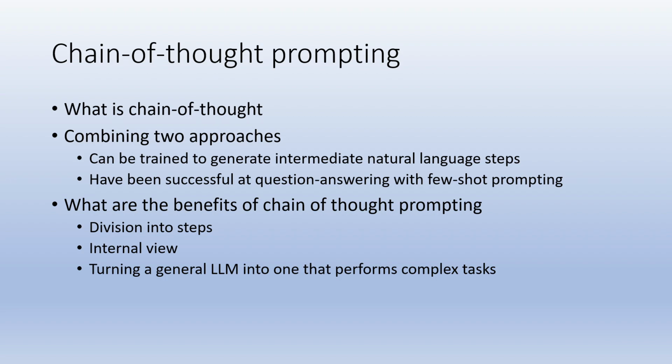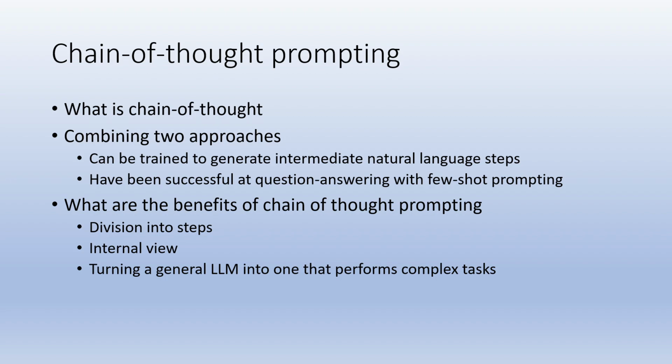And secondly, these models already have been successful at question answering tasks with just few shot prompts. Few shot prompting means giving a number of examples in the prompt itself, and these models perform really well. So we combine these two approaches to give these models few shot chain of thought prompts.